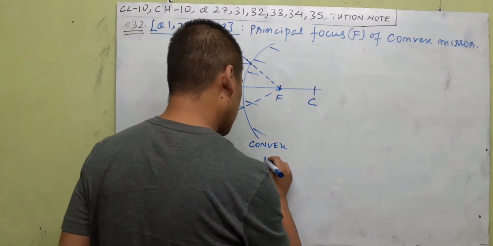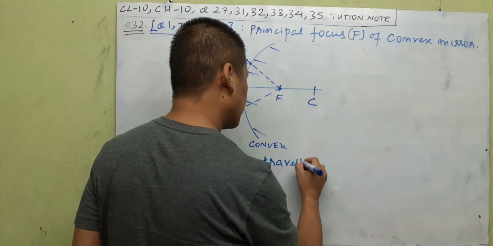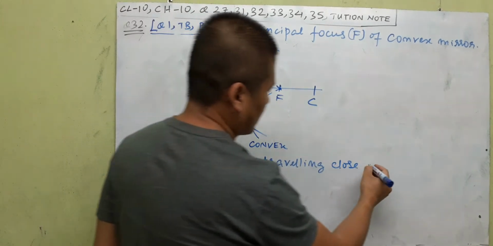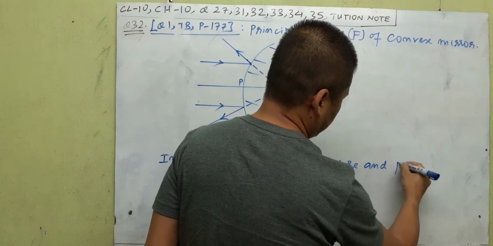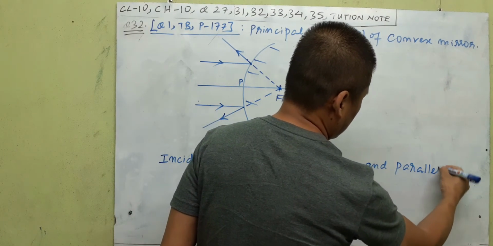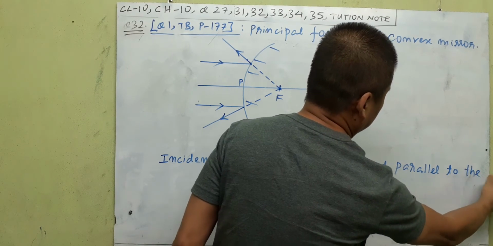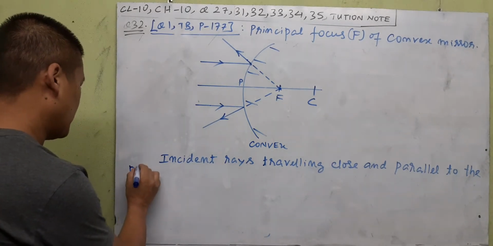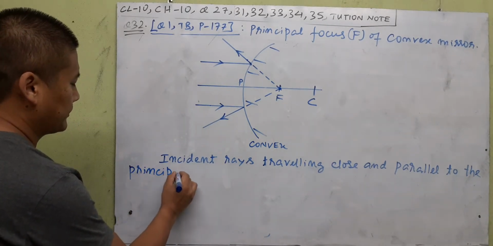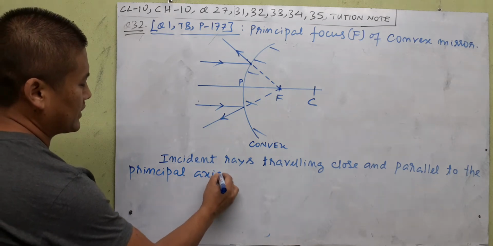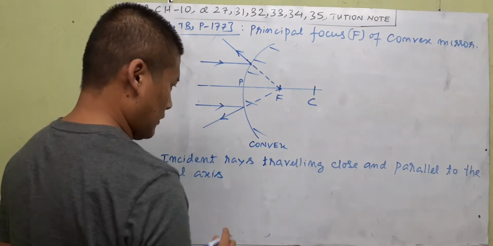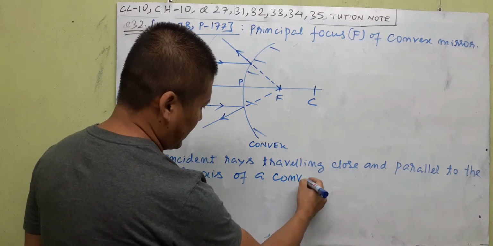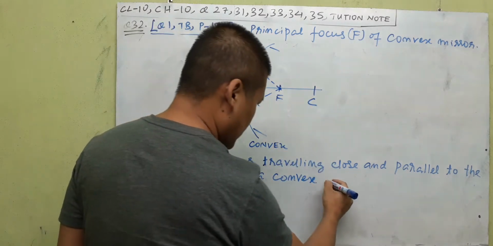Incident rays traveling close, close means not so far from the principal axis, close and parallel to the principal axis. We know what is the principal axis: the straight line passing through C and P. Close and parallel to the principal axis of a convex mirror, because they are asking specifically for the convex mirror.